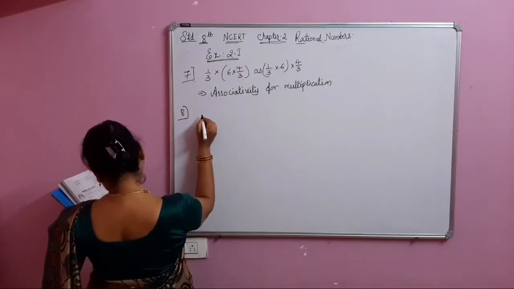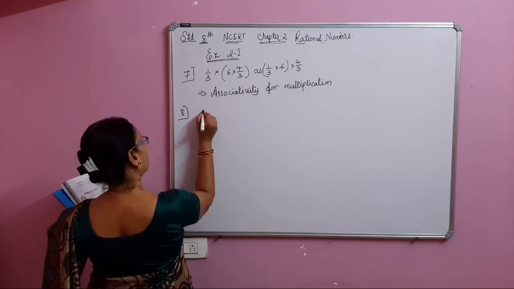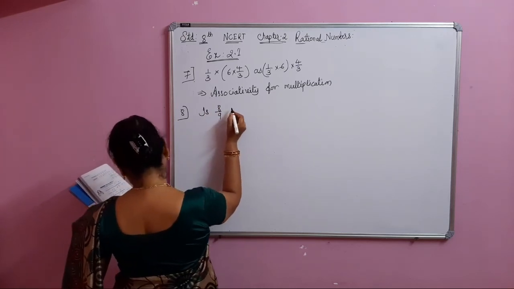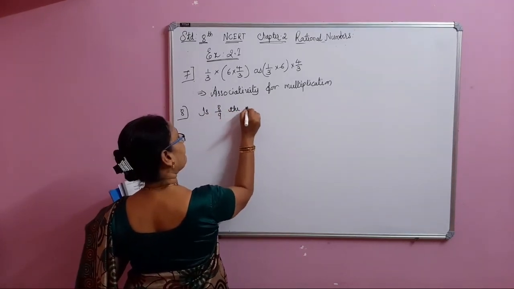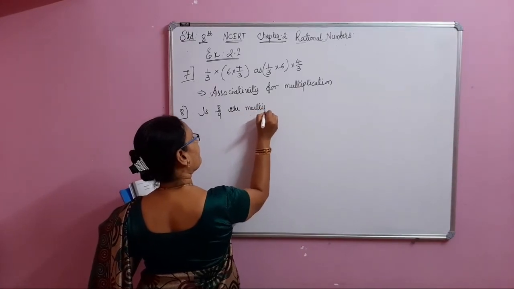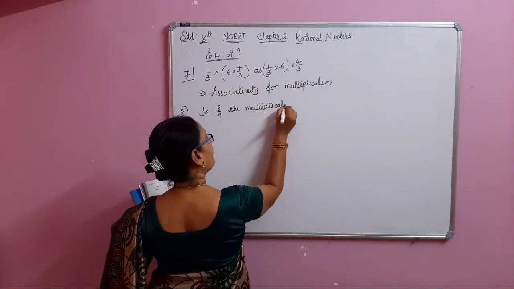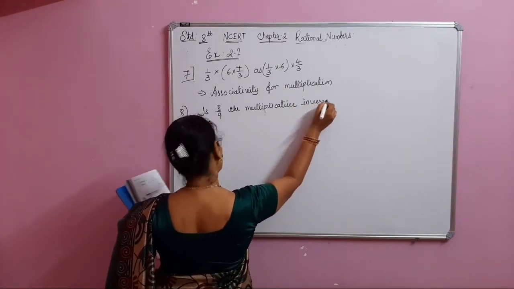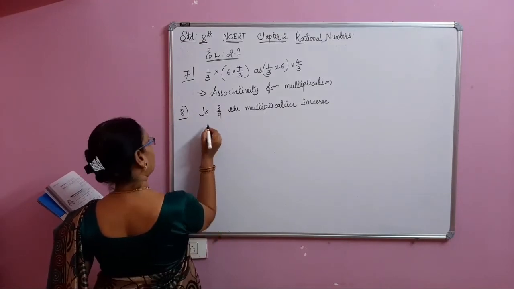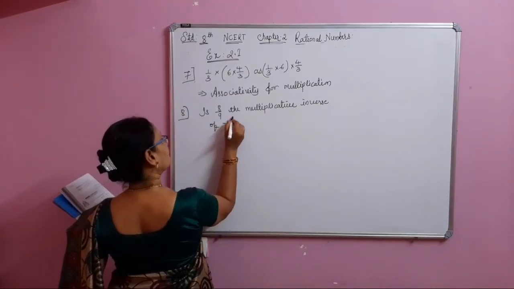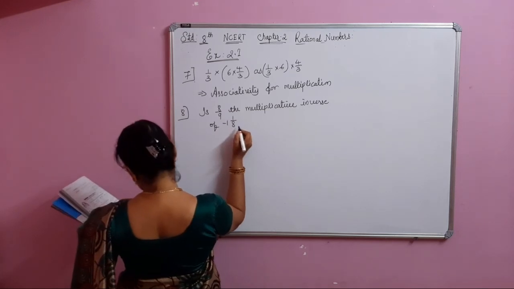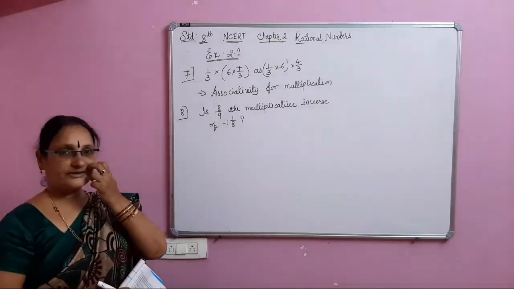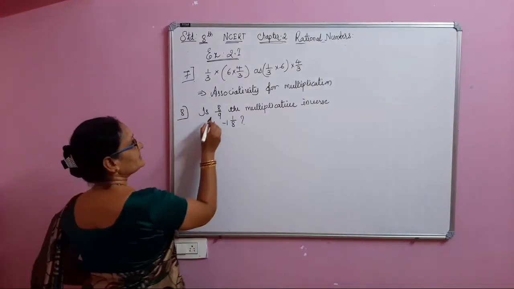Next, eighth main. Is 8 by 9 the multiplicative inverse of minus 1 integer 1 by 8? So, if it is there, we have to give the reason, yes or no. We will see. See, this is 8 by 9.